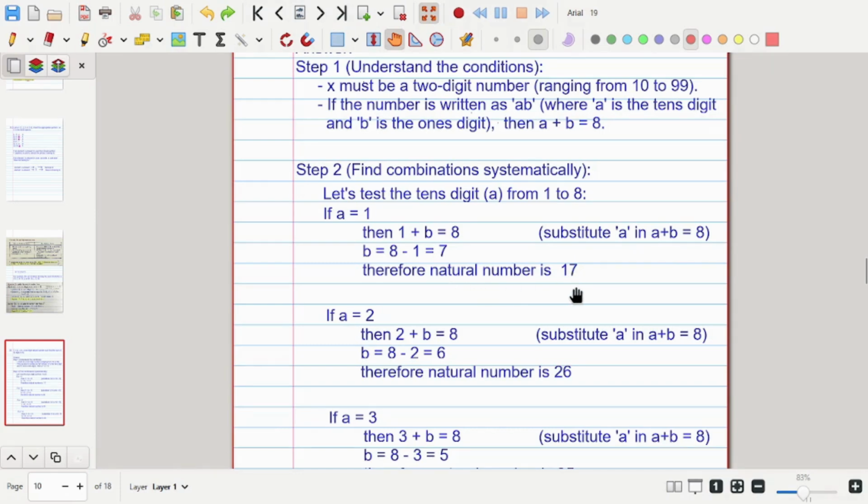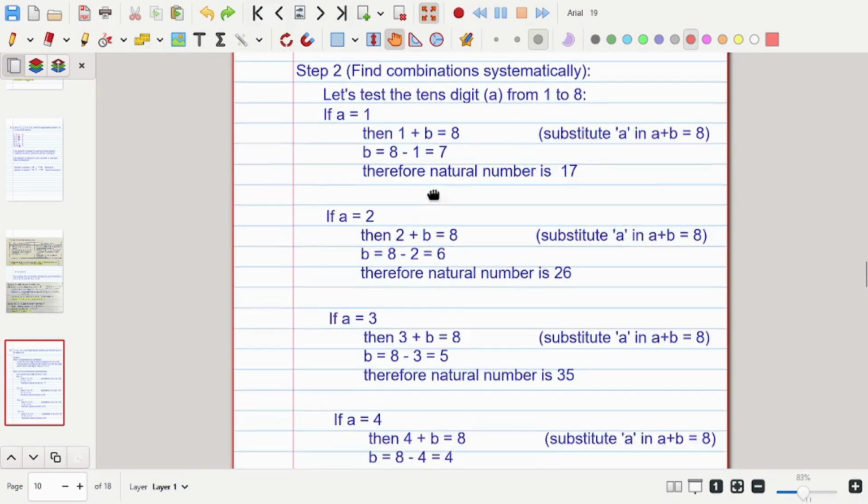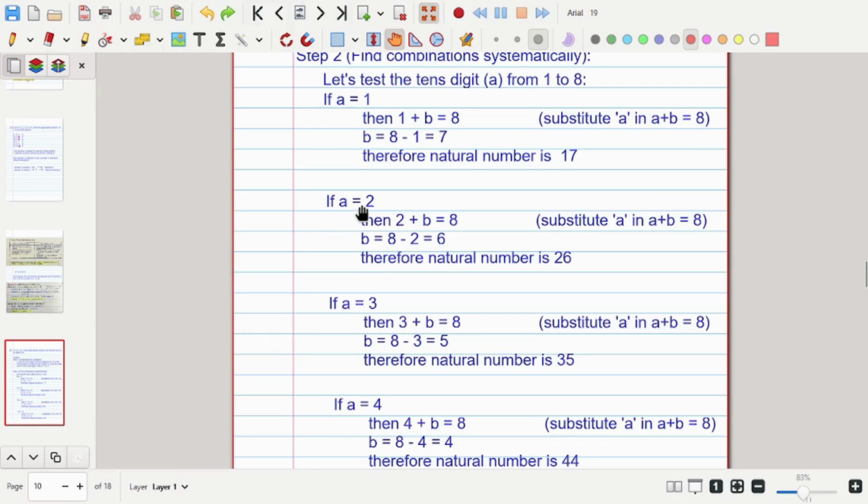Therefore the natural number is 17. Assume A is equal to 2, substitute in A plus B is equal to 8. So 2 plus B is equal to 8, B is equal to 8 minus 2, which is 6. Therefore A is 2 and B is 6, and the natural number is 26.